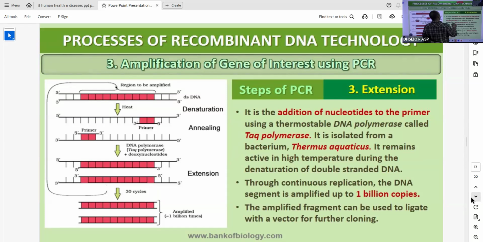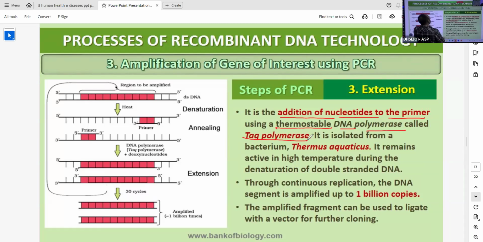Now, it is the addition of nucleotides to the primer using a thermostable DNA polymerase called Taq polymerase. It is isolated from a bacterium, Thermus aquaticus, and remains active even at high temperatures during the denaturation of double-stranded DNA.